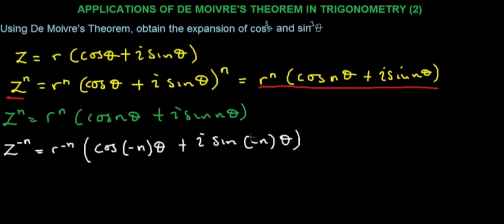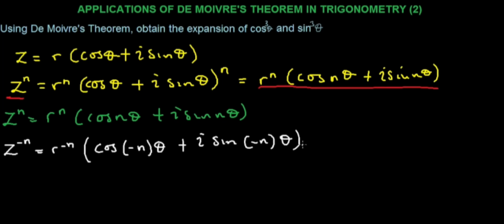Now for cos, this is in the range of 0 to 90 degrees, so definitely cos will be positive regardless of the sign of that angle.